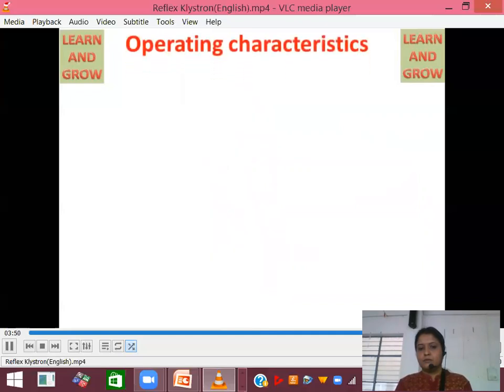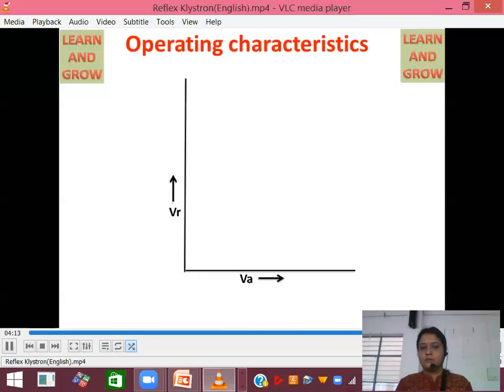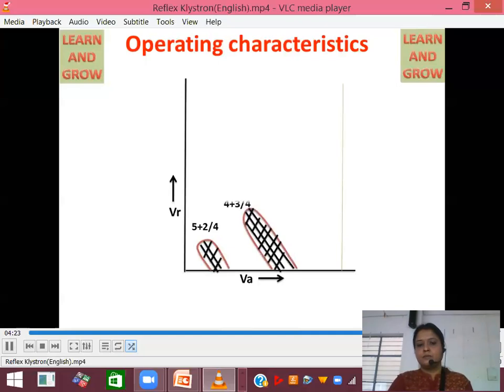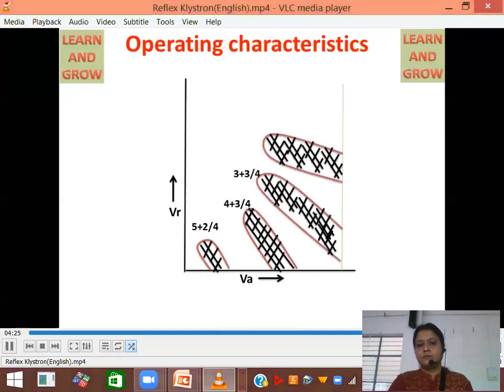Now if we talk about its operating characteristics, which are drawn between repeller voltage and anode voltage. The earlier mode gives large output power, which is an advantage, but the voltage required is also higher, leading to installation problems and possibly low efficiency. The mode corresponds to this, and it shows the operating characteristics.